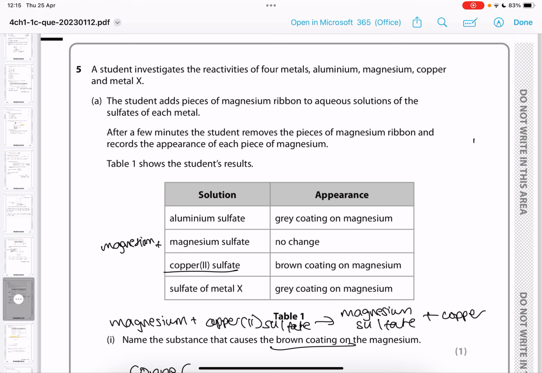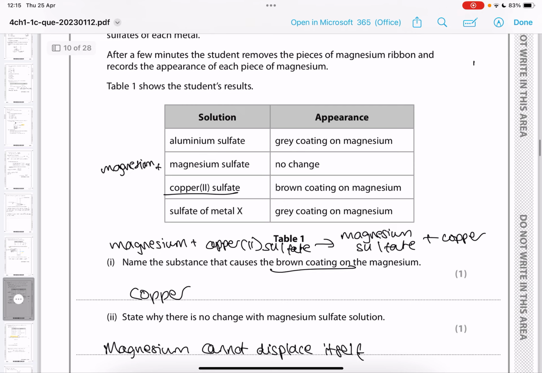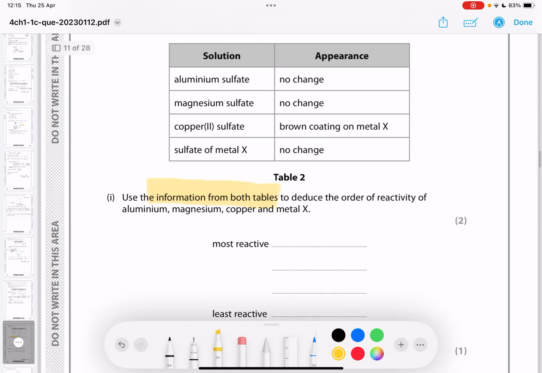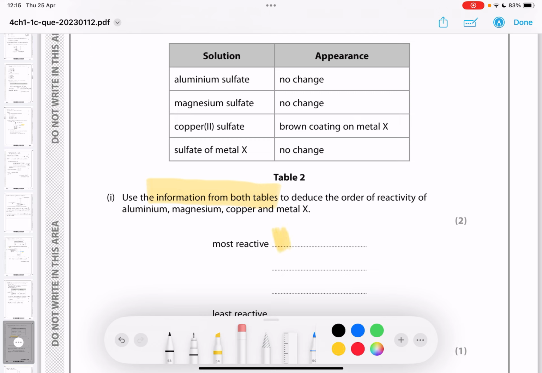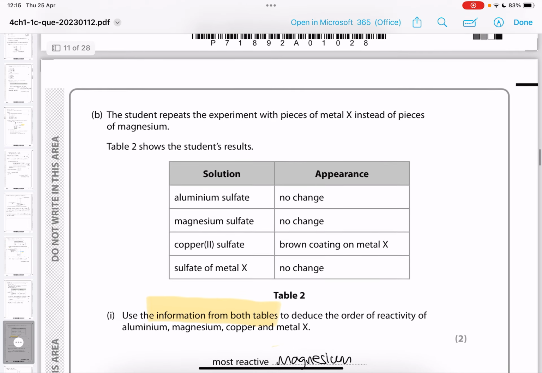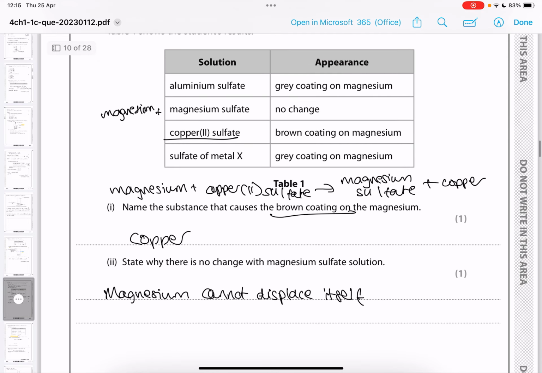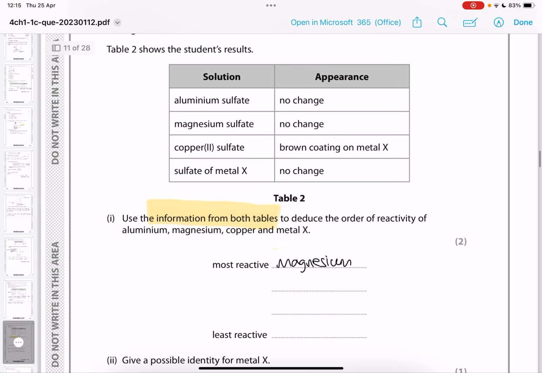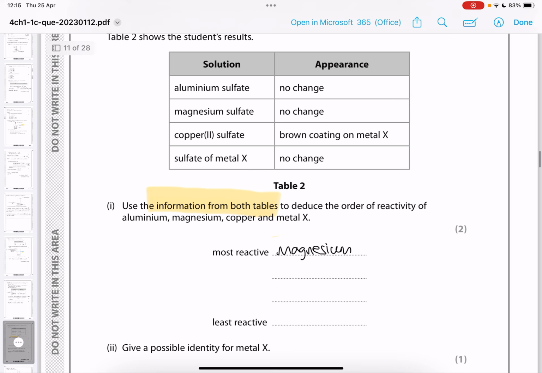So magnesium must be more reactive than the magnesium metal that's been added, and also metal X. So magnesium is going to be the most reactive. Let me explain that again. Magnesium in both table 1 and table 2 is the only metal that has no change in both reactions. That can only happen because magnesium is more reactive than the substance that's being added, and therefore magnesium must be the most reactive element.